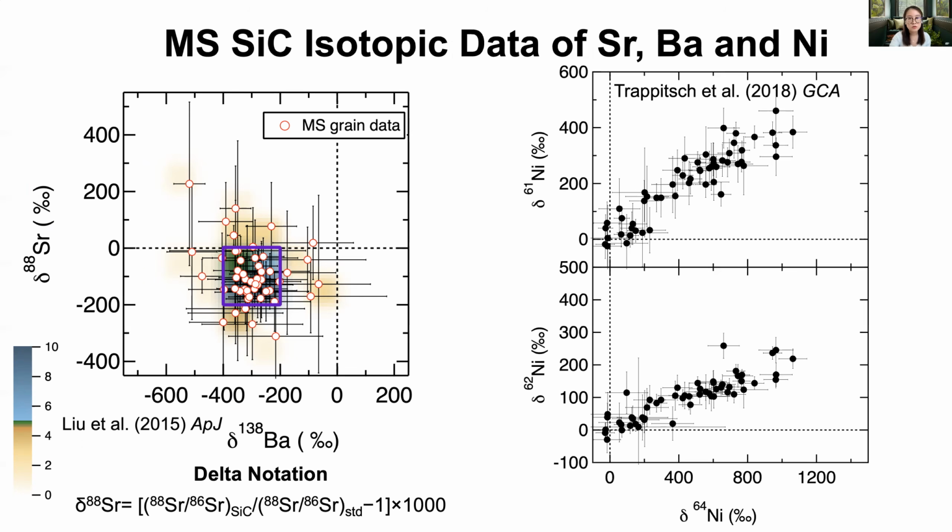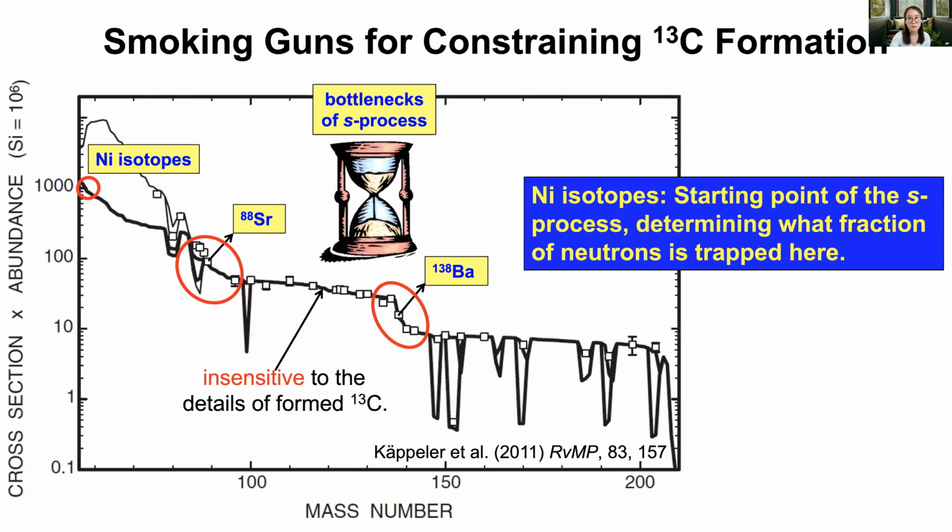And in addition to the strontium and barium isotopic data, we're also going to use the nickel isotopic data of mainstream grains measured by Trappitsch et al., also using a RIMS instrument. Nickel is also very important because it sits next to the iron seeds for the s-process, and it tells us what fraction of the neutrons get trapped here.